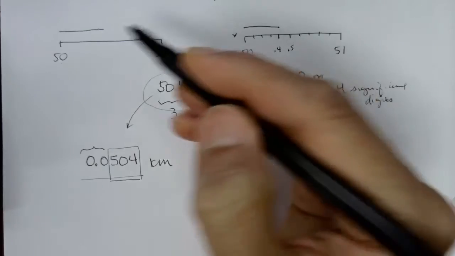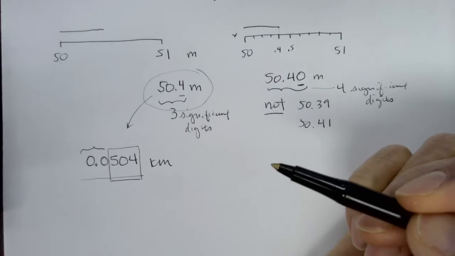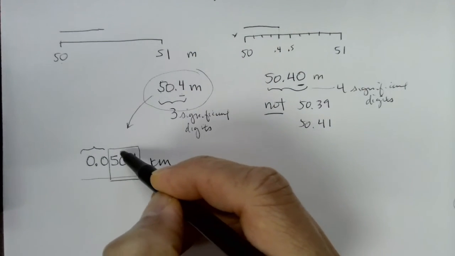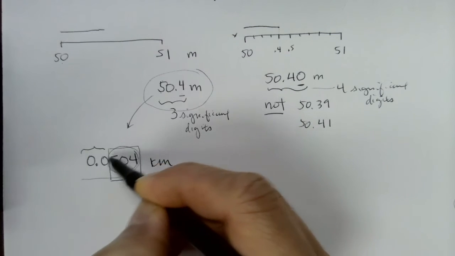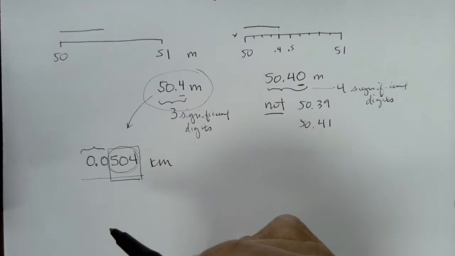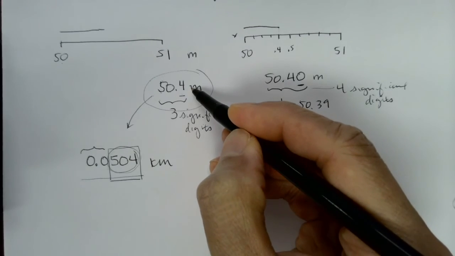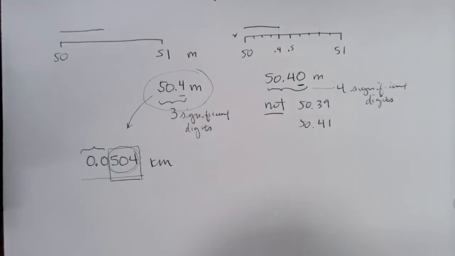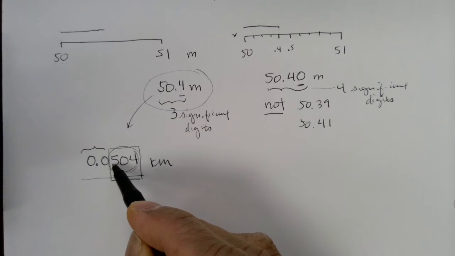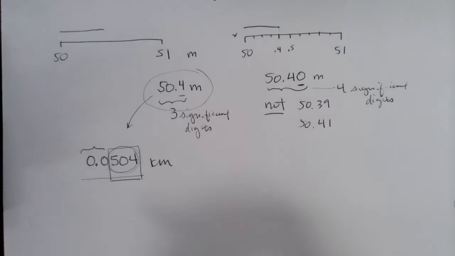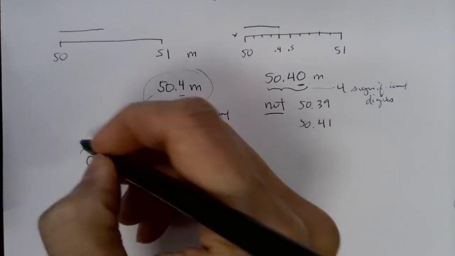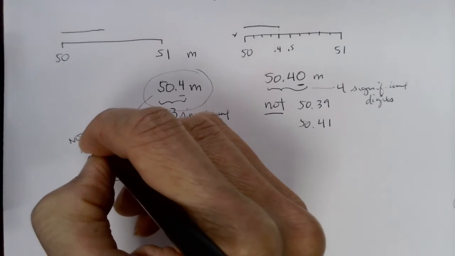measurement. I measured 50.4. But zeros that are not within my number, so for example before, these are pretty much just placeholders. They came here because I expressed something in kilometers, and so I need to indicate this is actually 504 10,000th of a kilometer. So these are not significant.